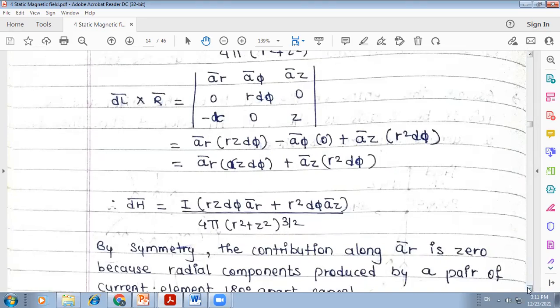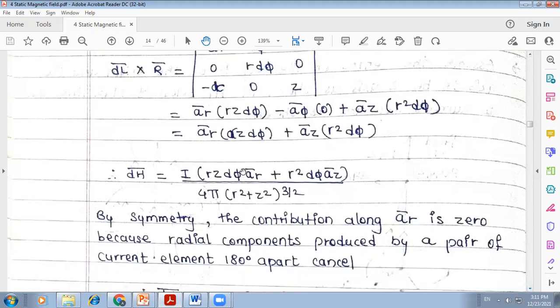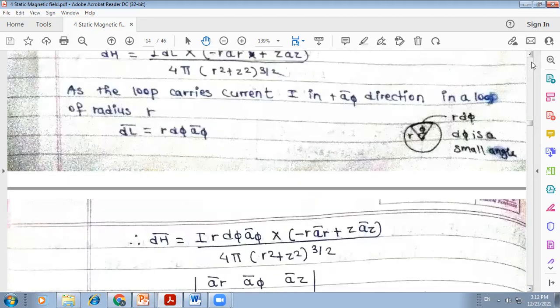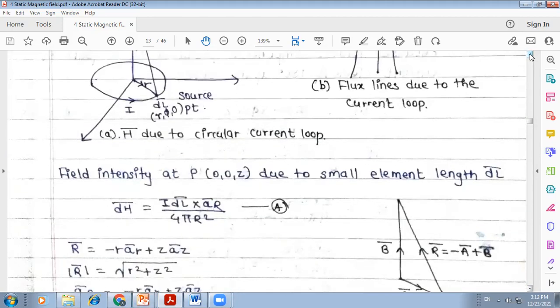Now this A bar R term gets cancelled, which means this whole term gets cancelled. Why? Because here we are considering one circular loop.